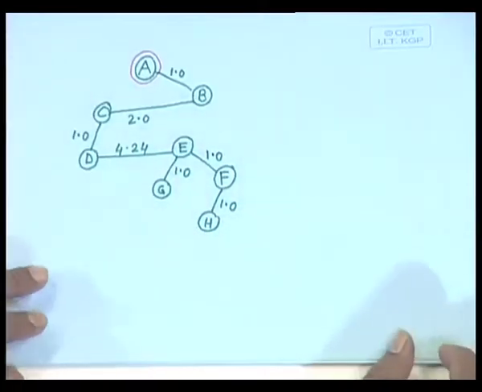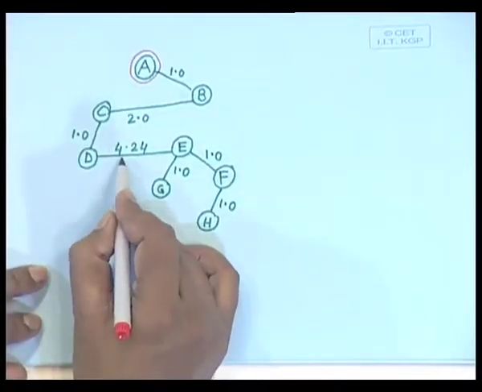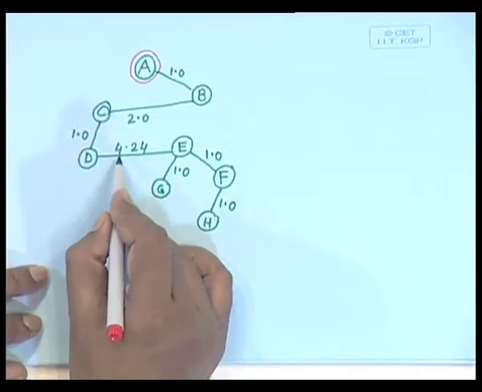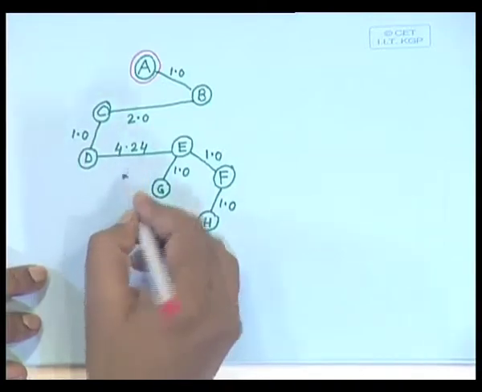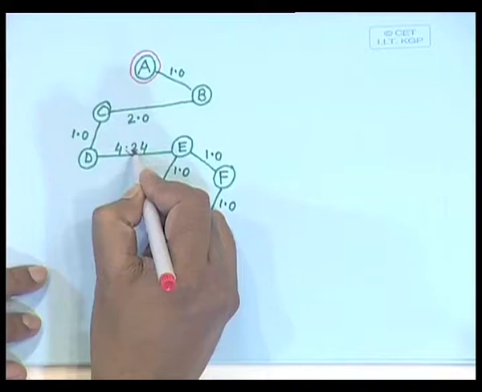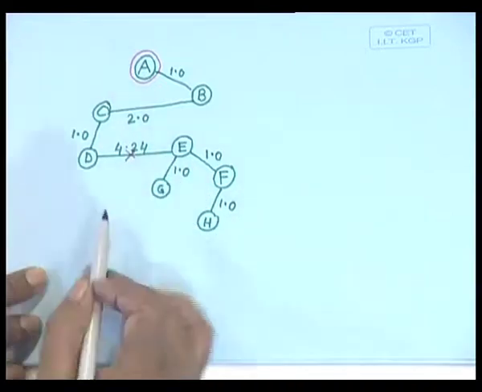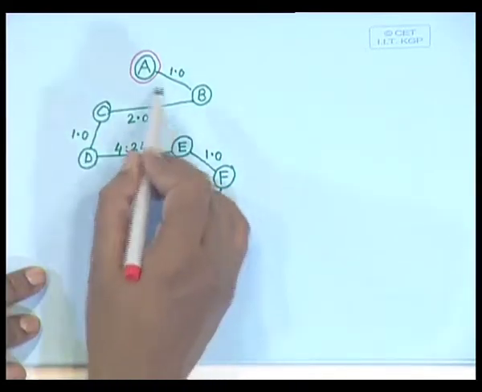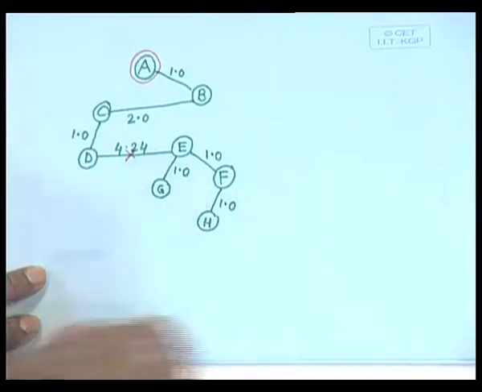Okay. So, coming to this spanning tree, you find that the maximum weight of an edge in this spanning tree is 4.24. If I remove this edge, then the tree is partitioned into two subtrees.